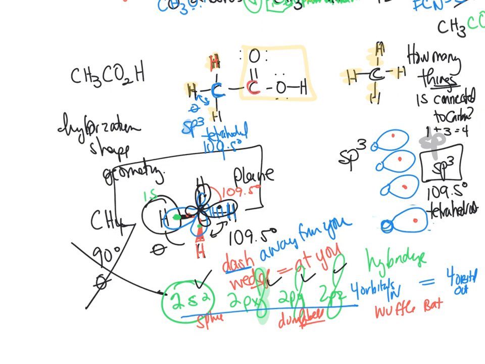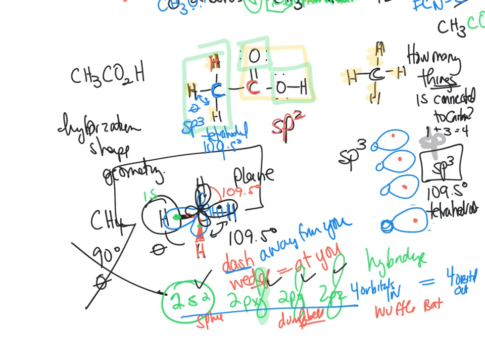What about this carbon? Well, how many things are bonded to it? 1, 2, 3. So 3 things, so sp2. 2 plus 1 is 3. So this carbon is sp2.